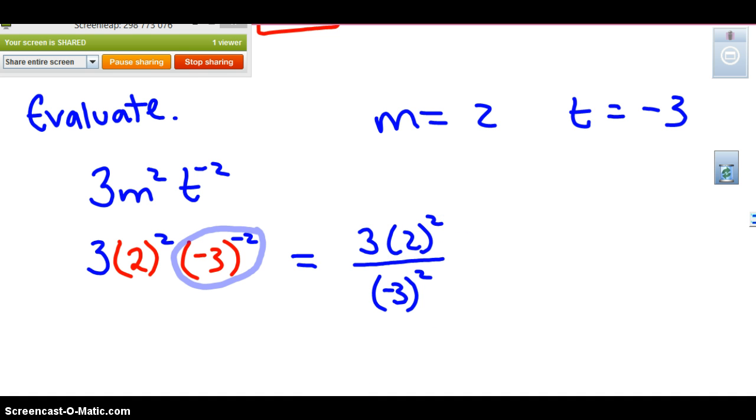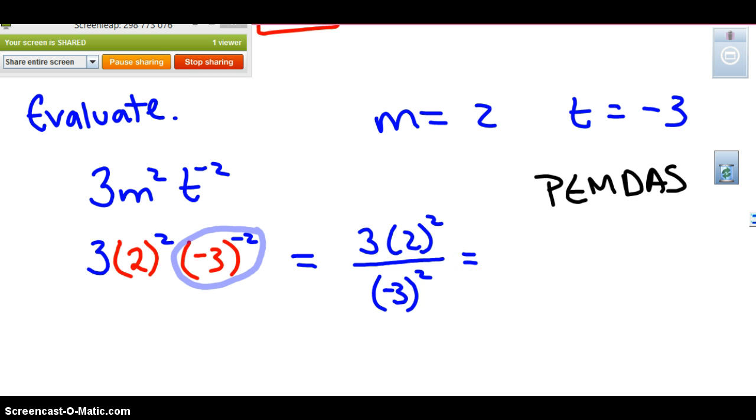Okay. What would you multiply first? The exponents, because we have to follow what? PEMDAS. So parentheses, exponents. Here inside the parentheses we don't have an operation, but we have an exponent.